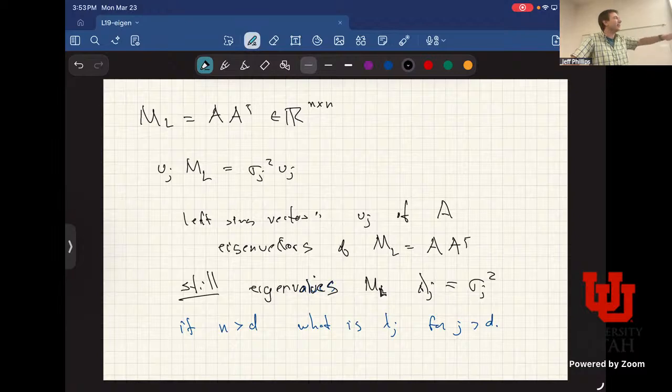And I'm claiming this is true, but because d was only equal to 10, I only had defined 10 eigenvalues. What happens to the 11th or the 15th eigenvector?